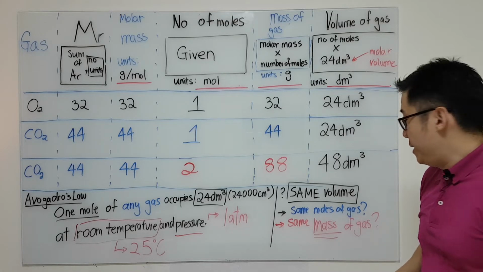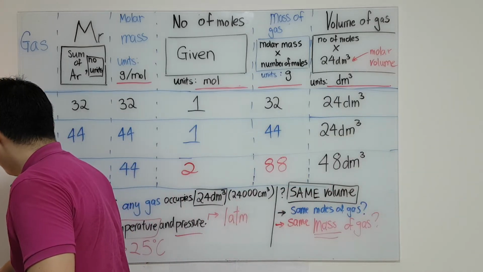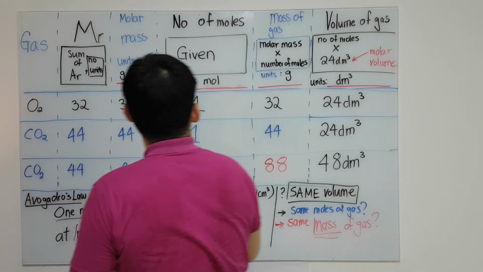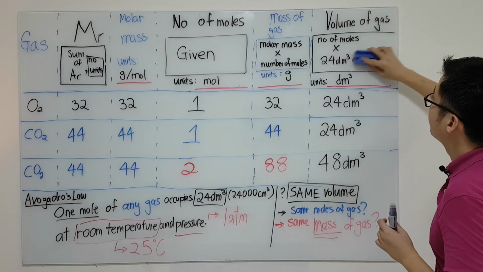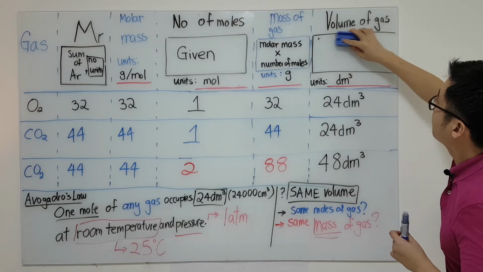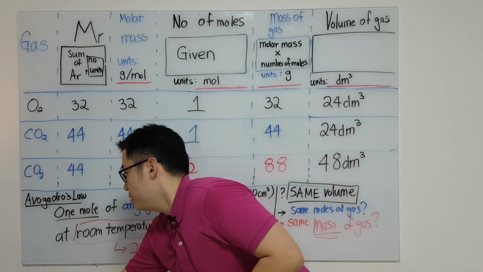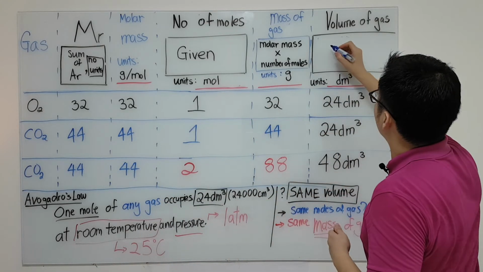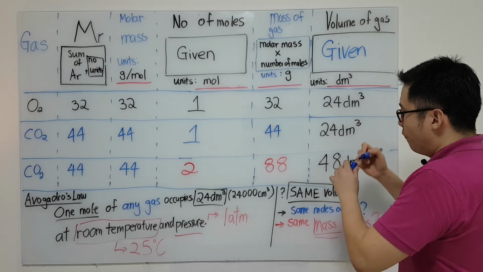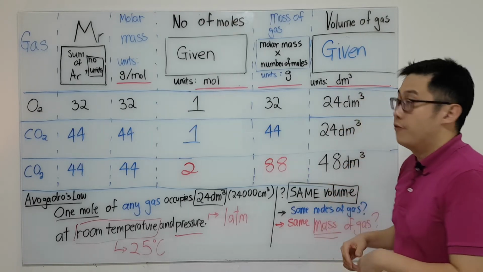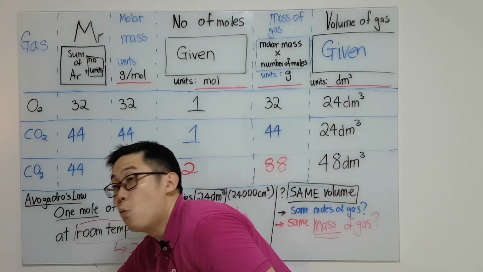Now, in this case, same volume of gas, which means that right now my volume of gas is given. For the sake of this example, I'm going to make it such that every one of these givens is actually 1 dm cubed.